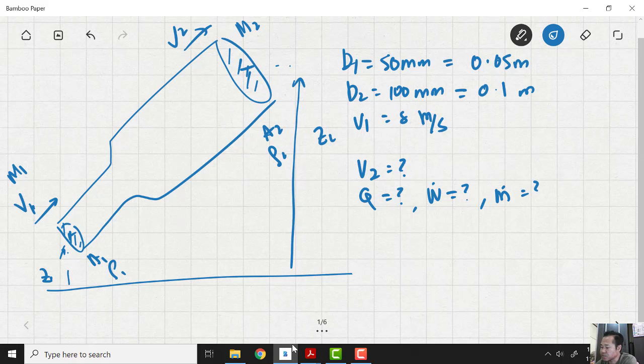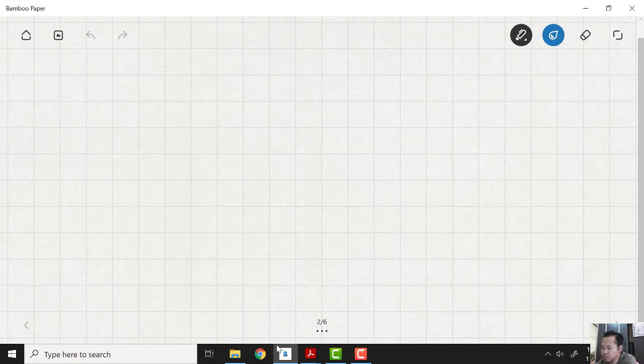So how do we find V2? From the conservation of mass and the continuity equation, we know that M1 is equal to M2, and Q1 is equal to Q2. Q is equal to AV, so Q1 equals A1 V1 and Q2 equals A2 V2, where V is velocity. Since Q1 equals Q2, A1 V1 equals A2 V2.